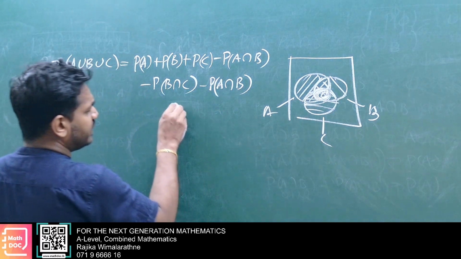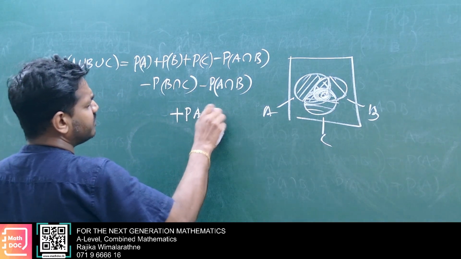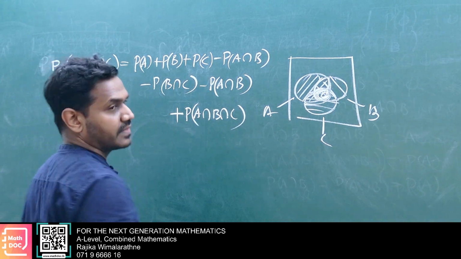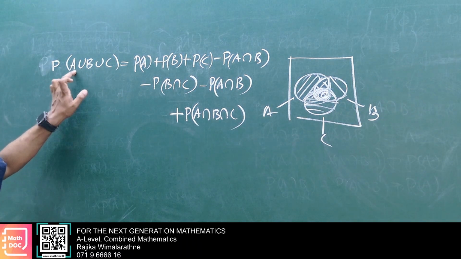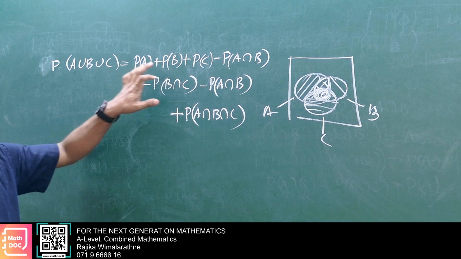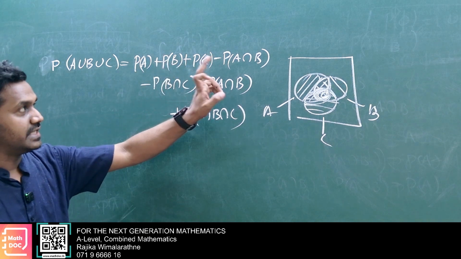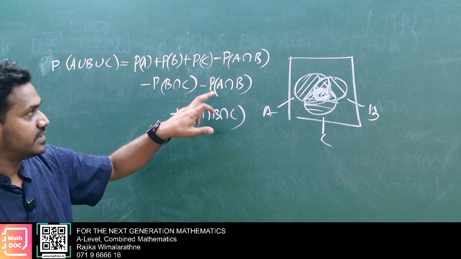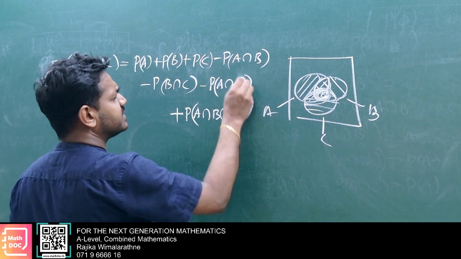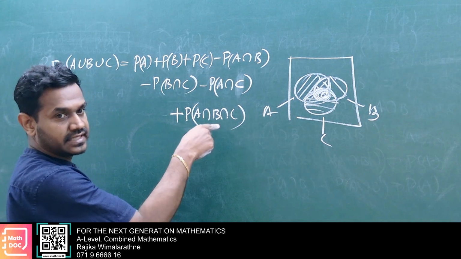Thereafter you add P(A ∩ B ∩ C). So remember, this is another important formula. P(A ∪ B ∪ C) equals P(A) plus P(B) plus P(C) minus P(A ∩ B) minus P(B ∩ C) minus P(A ∩ C) plus P(A ∩ B ∩ C).